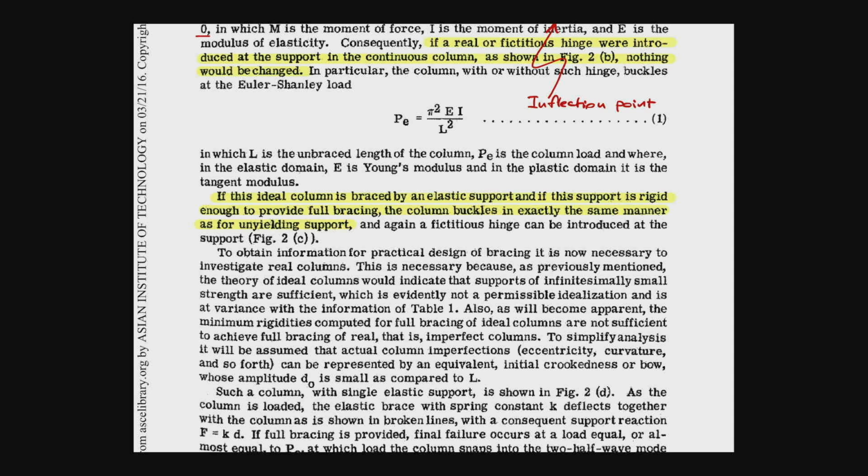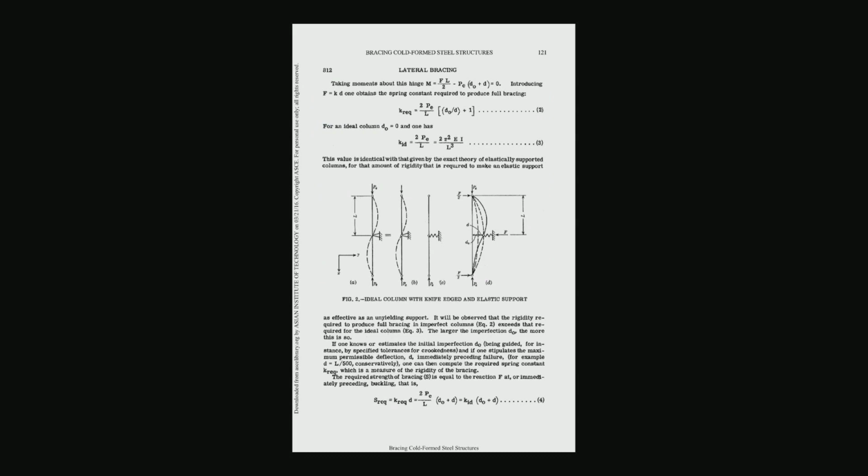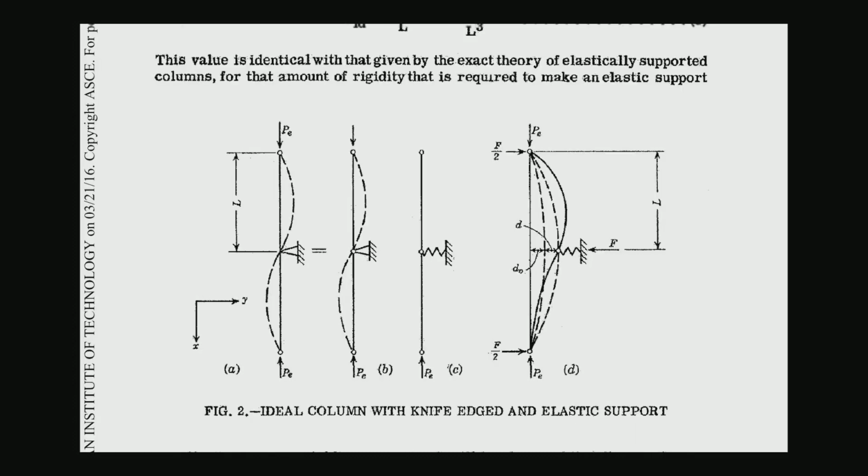And again, a fictitious hinge can be introduced at the support. I'll come back to that picture. You are convinced already that a fictitious hinge can be introduced. Now it's fine.